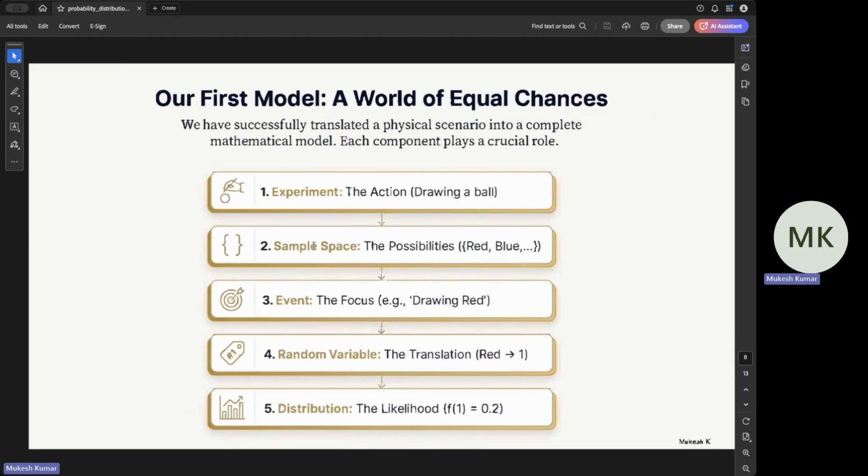We define a sample space, the possibilities. In this case, it would be balls of different colors like red, blue, and so on. Here we define an event, which is drawing a ball and that ball being red in color. We define a random variable corresponding to all the possible outcomes in the sample space. And finally, we define the probability distribution function.